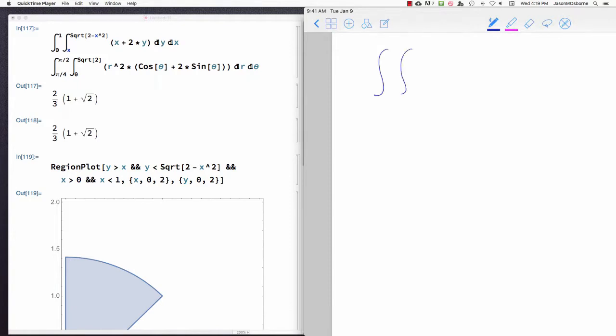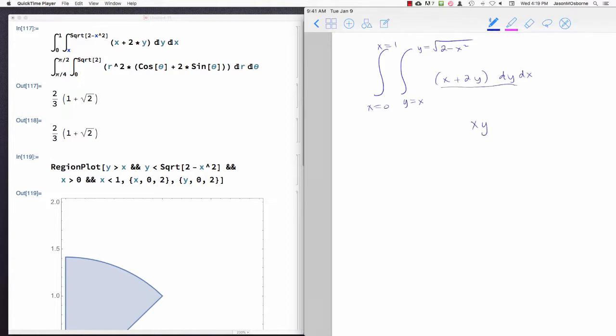Or was this just a problem that you were asked to do for practice? Because sometimes it's necessary that you switch to polar coordinates before you can evaluate the integral. And x goes from 0 up to x is equal to 1. So I don't see anything wrong with doing this dy integral first.